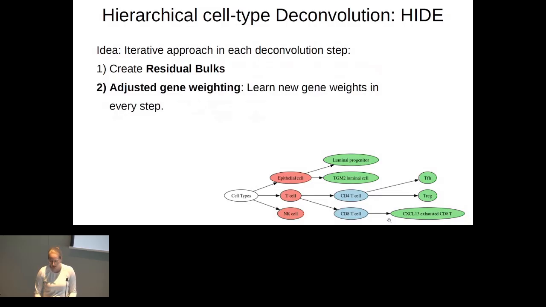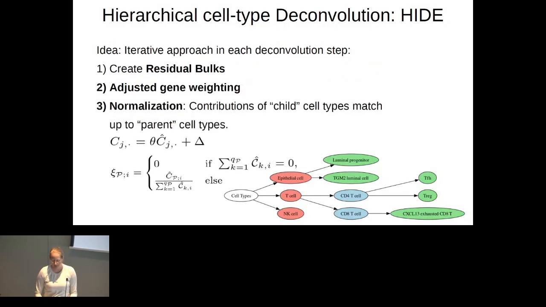And now I train them just on these T cell subtypes, because here I also want the algorithm to focus on genes which are separating these 2 subtypes the best. And the next step is, because I want to make sure that the child contributions are the same like the main contributions, I do normalization.